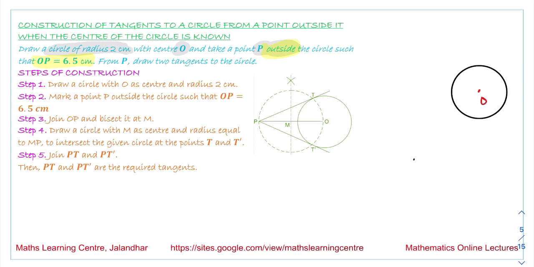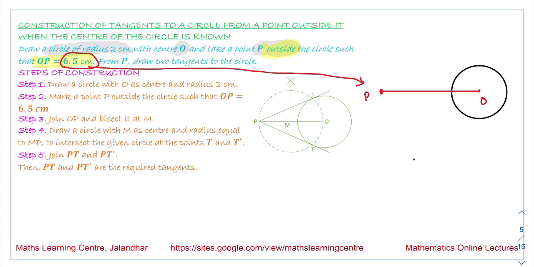So from O we draw a line over here, and suppose this is the point P. The length of this OP is given to be 6.5 centimeters.